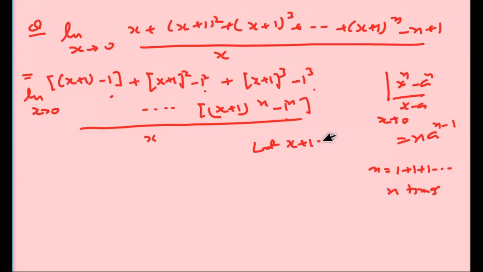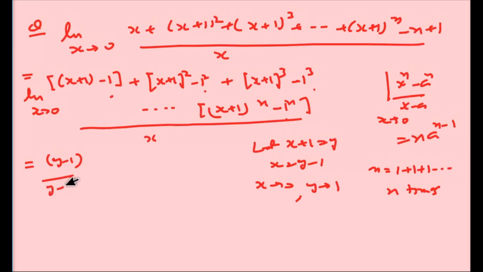Now let x plus 1 equal y, then x equals y minus 1. If x tends towards 0, y tends towards 1. Okay, so we can write here y minus 1 upon, this x can be written as y minus 1.